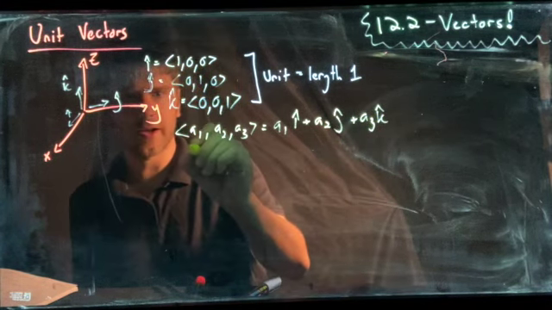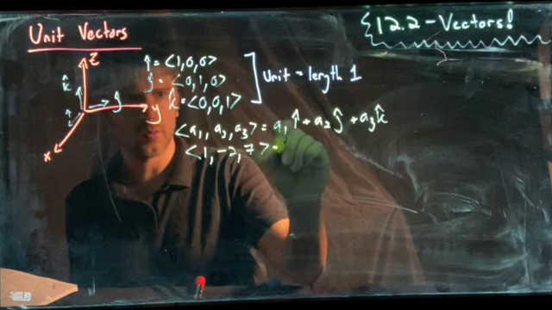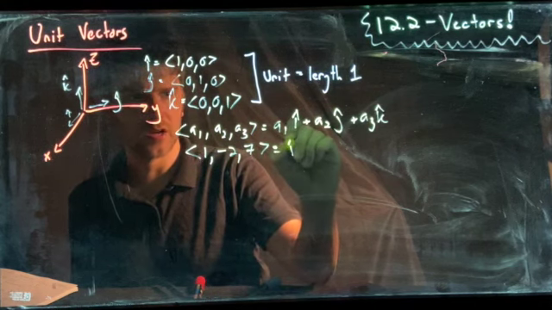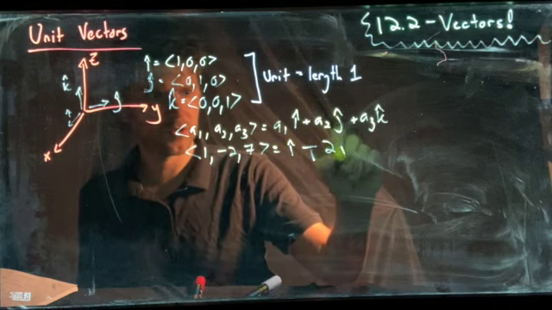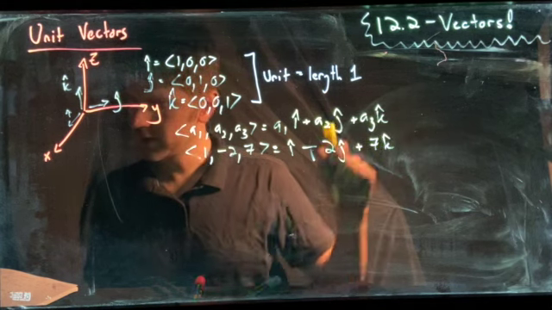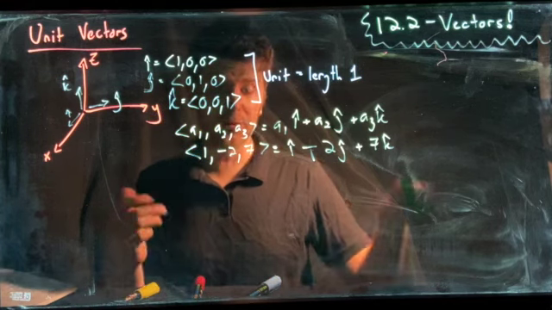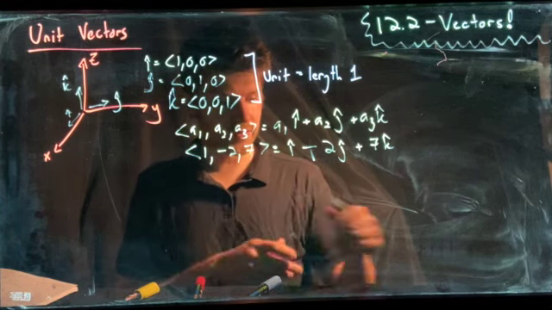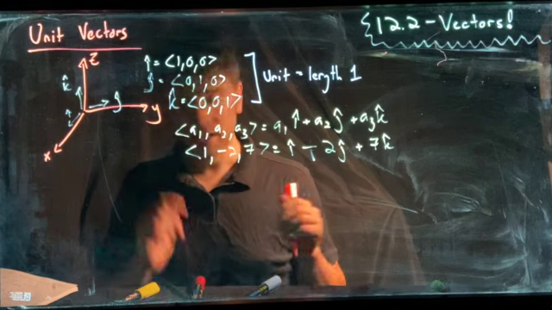So for instance, if we have the vector 1, negative 2, 7, we might write this as i hat minus 2 j hat plus 7 k hat. It turns out these are examples of unit vectors, but there's lots and lots of different unit vectors we'll see over the year, and you can actually turn any vector you want into a unit vector.